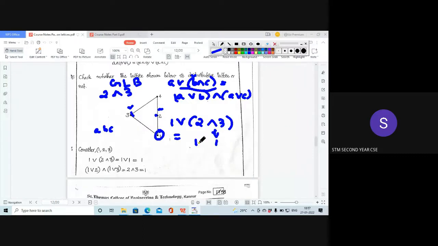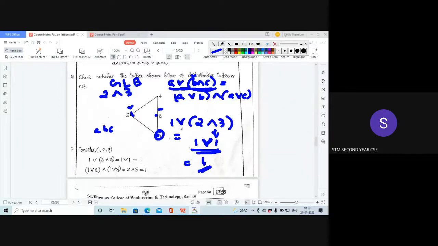So 1 or 1. This is join, so it is the least upper bound of 1 and 1. The upper bounds of 1 include 1, 2, 3 and 4, and the least upper bound of 1 is 1. So the left hand side evaluates to 1.